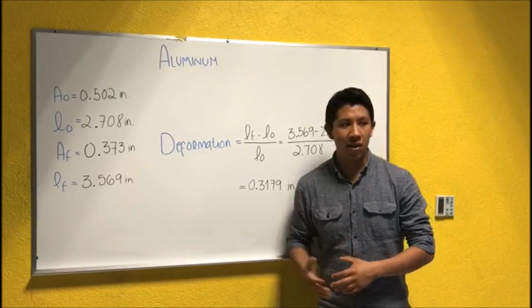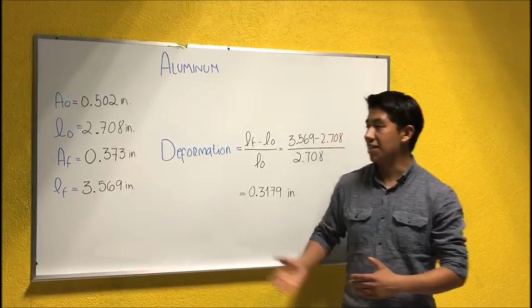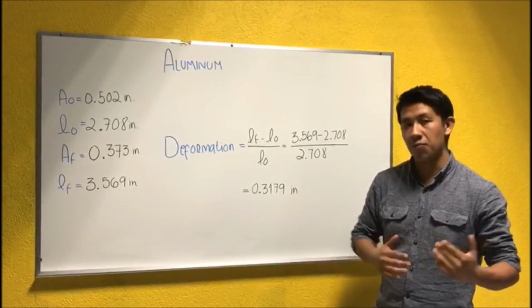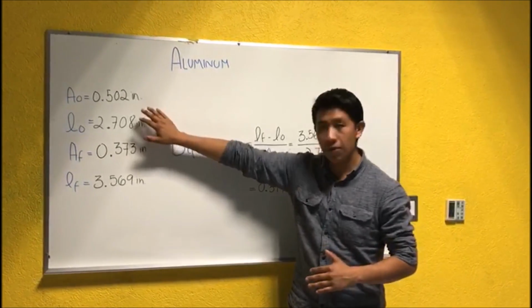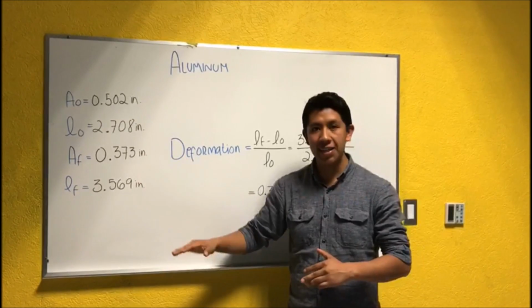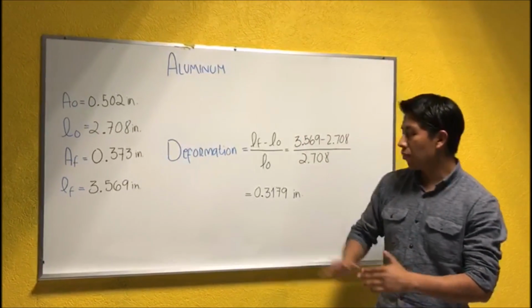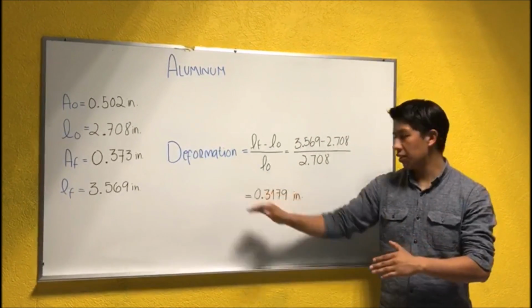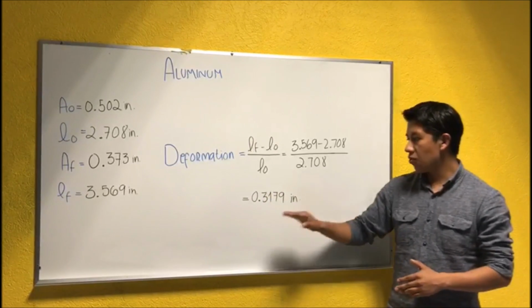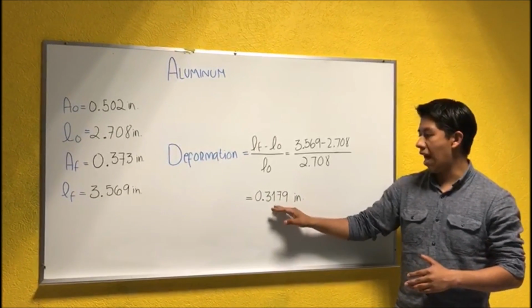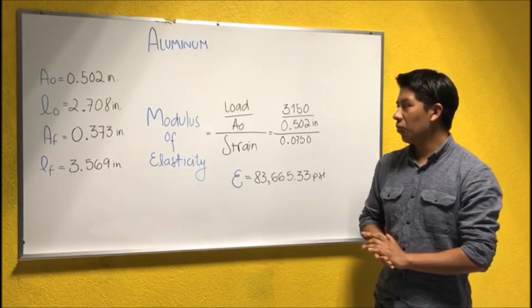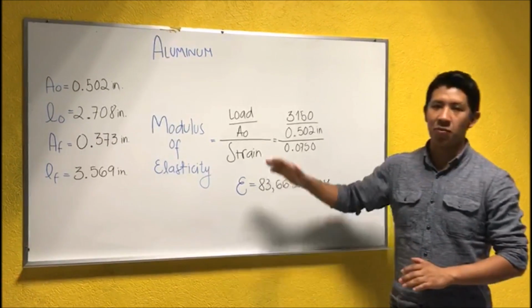Now here we have the aluminum. This is as in the past case, as with steel. We have the initial area, the final area, the initial length, and the final length. And we obtain a result for the deformation of 0.3179 inches. The modulus of elasticity has the same formula.